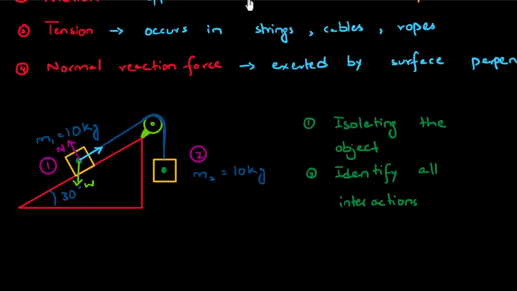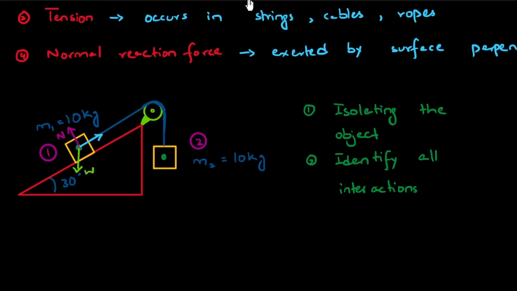And finally, we have tension. As discussed earlier, tension occurs in strings, cables, and ropes. We do have a string here which is extended and it's pulling on both of these blocks if we look at them separately. Now, we also discussed that this tension, this force, it's going to be pulling away from the object, which means in this scenario, it's going to be directed in this direction.